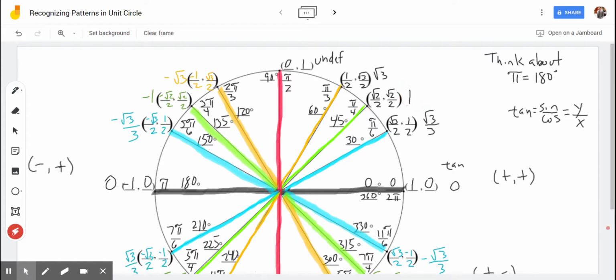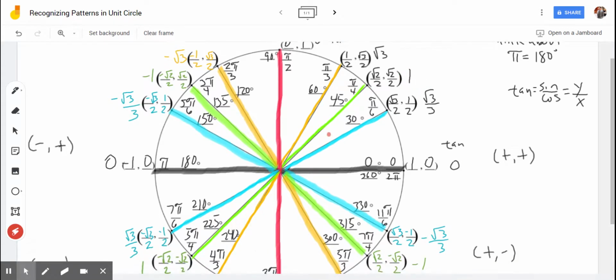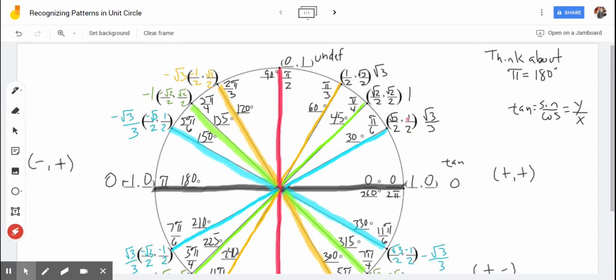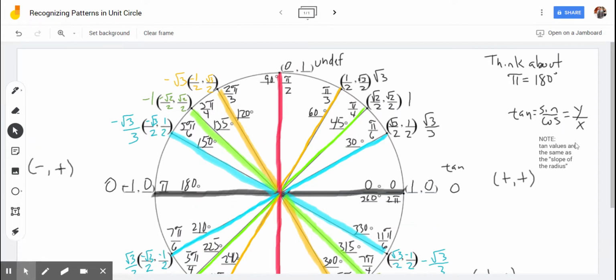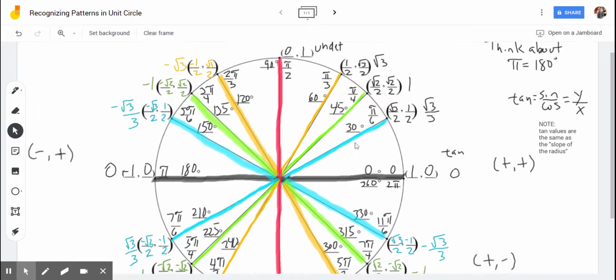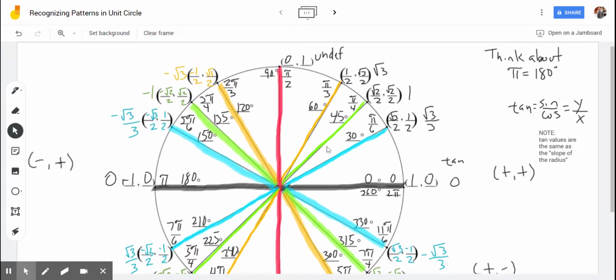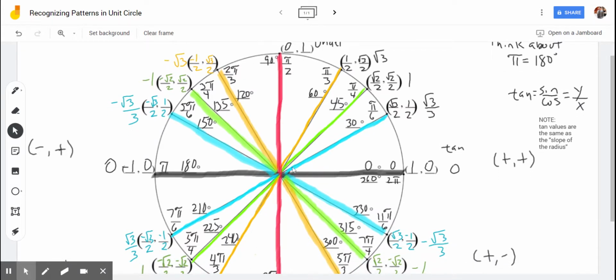So you can think about essentially all the tangent values being equal to the slope of the radius. Okay, and I'll make a note of that here. So I just put that under the trig identity that tangent is sine over cosine, which is y over x, and we can see after establishing all these relationships in the unit circle that it's also the same as the slope of the radius. All right, so you can use this as a guide to help you when you guys are filling out your own unit circle.